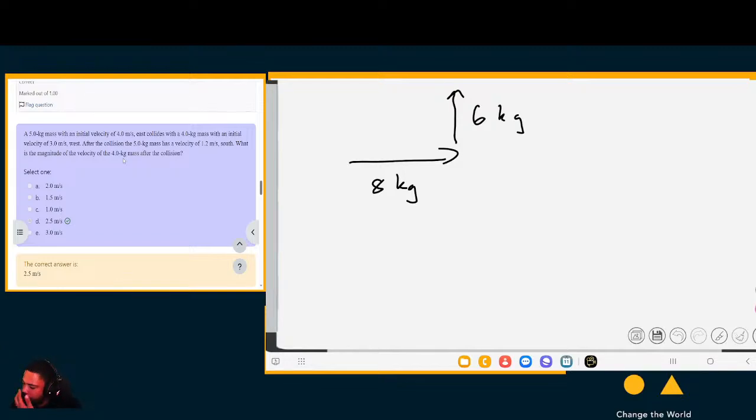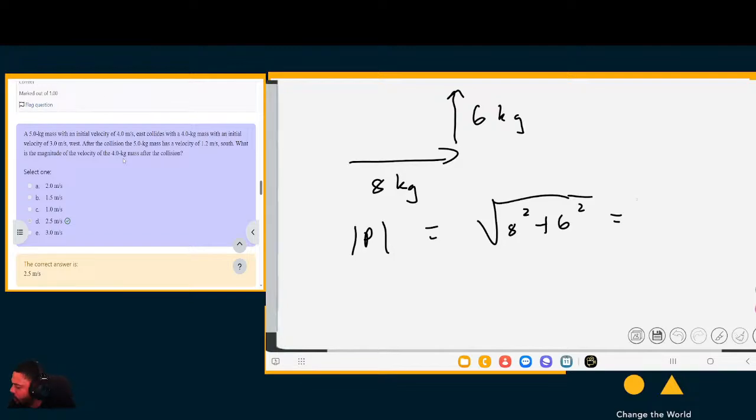Its final momentum in the x direction is 8, and its final momentum in the y direction is 6. Now if we find the magnitude of the resultant momentum, it's going to be the square root of 8 squared plus 6 squared.